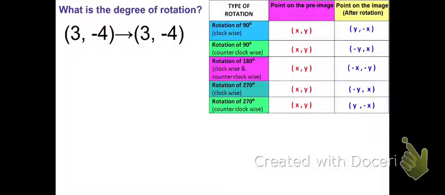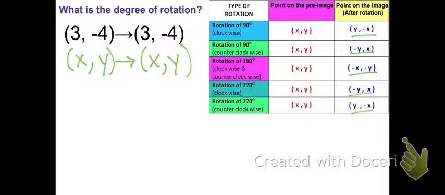How about this one? What do you notice? The XY didn't change. What does that mean? It's not listed here as a rule. Let's think about that. We go back to that original point here. How many degrees do we have to go if we go clockwise to get back in that same exact spot?